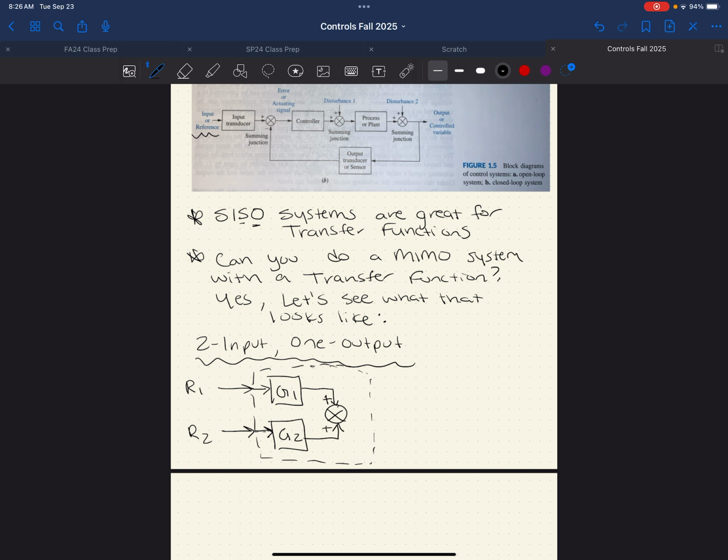We just sum them together and give our output, single output C of S. Okay, that was easy enough.